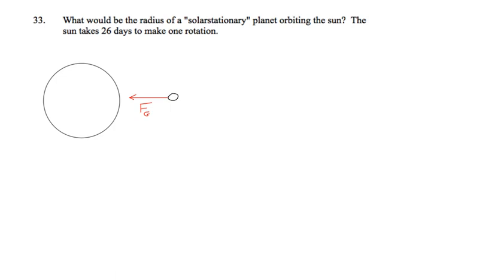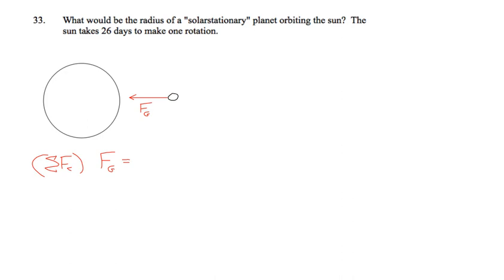So if we sum up our forces in the centripetal direction, we're going to get Fg. And like I said, it can either be mv squared over r or m r omega squared. But because in this particular problem we are looking for the radius of the planet's orbit, we don't have a choice.